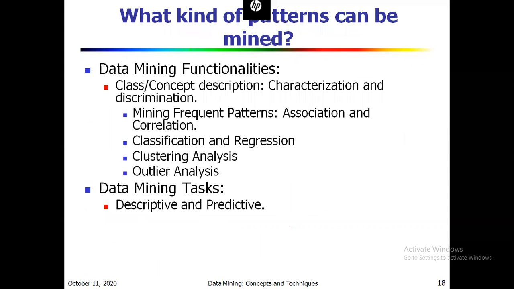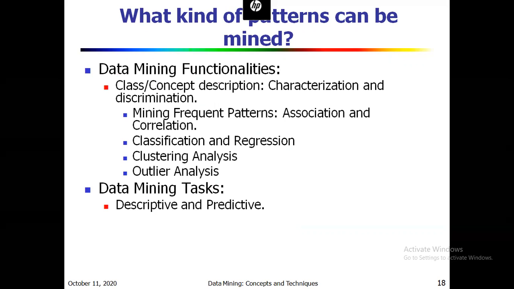So moving forward, this is all about what kind of data can be mined. Now we learn what kind of patterns can be mined. What kind of patterns can be mined is in fact the data mining functionalities and data mining tasks.